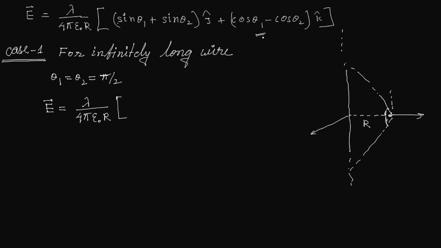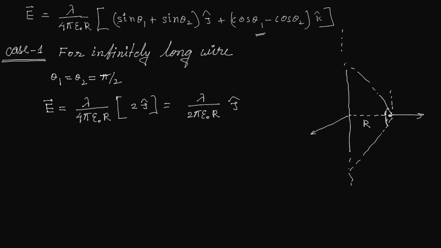If you put theta 1 and theta 2 as pi by 2, this term will give you 0. That means the k component will be 0, and here both will be 1, so we'll get 2 j cap. So finally we get lambda divided by 2 pi epsilon naught r j cap.